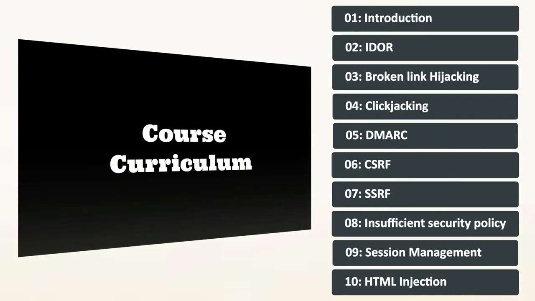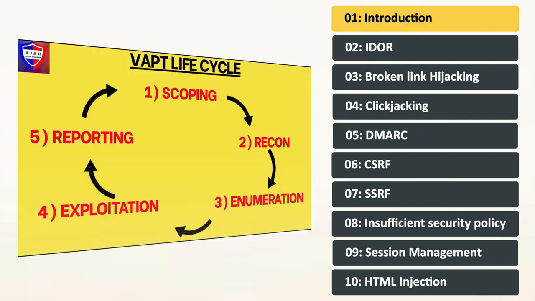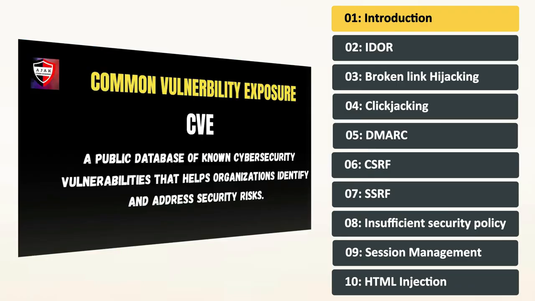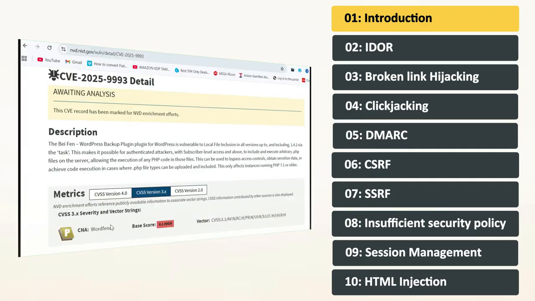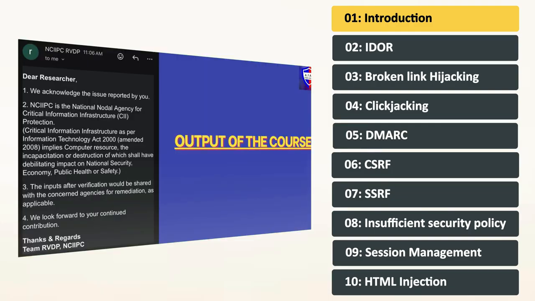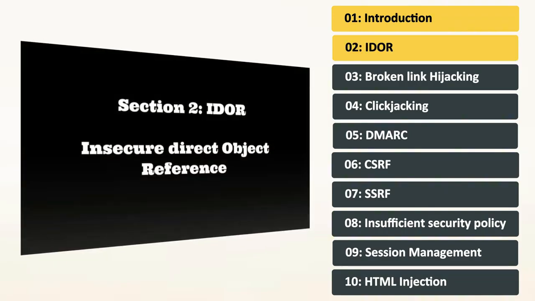Now let's look into the course curriculum. Here you'll be learning the basics of VAPT, VAPT methods and their life cycle, followed by bug flaw status, CVEs and different types of VDP programs. Next is understanding the VRT taxonomy by Bugcrowd, and finally we'll be seeing the output of this section. Section 2 will be IDOR, which is Insecure Direct Object Reference.